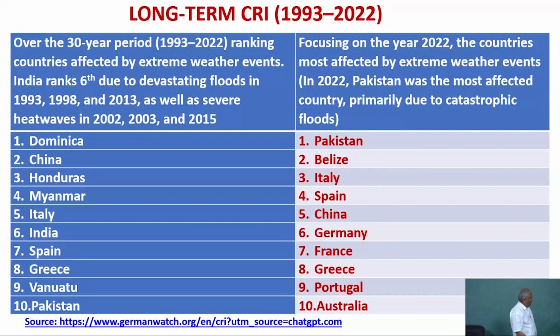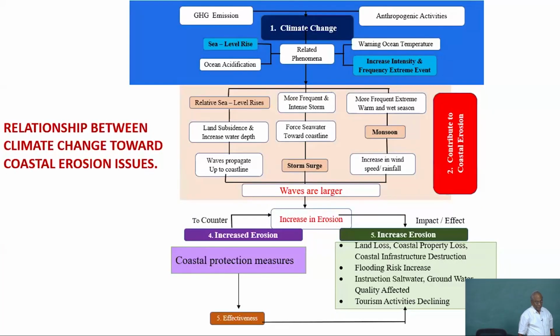For example, here India is in the 6th position when you look at the average over 1993 to 2022. Is that clear? In the case of 2022, fortunately our country is not there, but this gives you a clear indication, and some feeling for what exactly the CRI is. The speed is okay? I hope I am not rushing through.